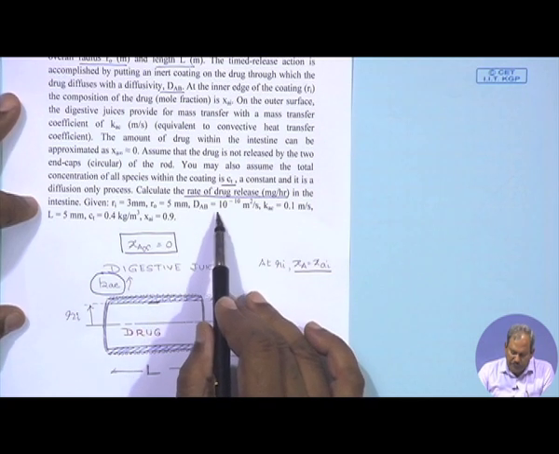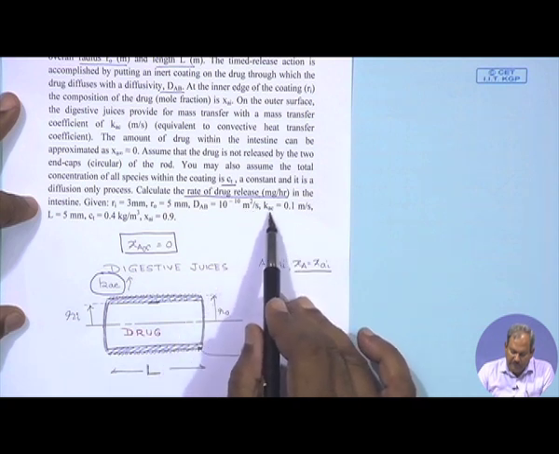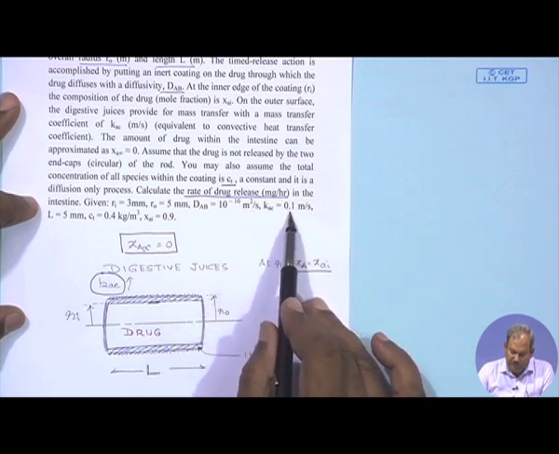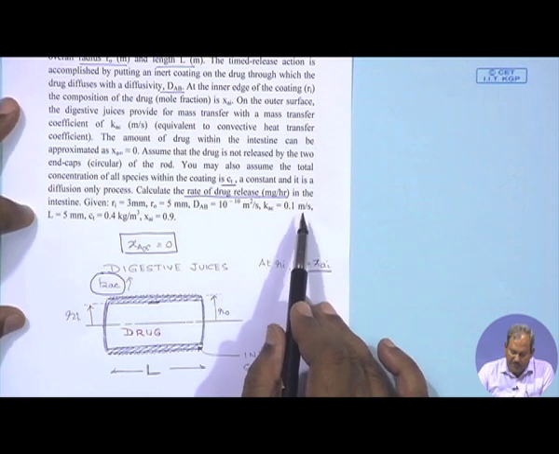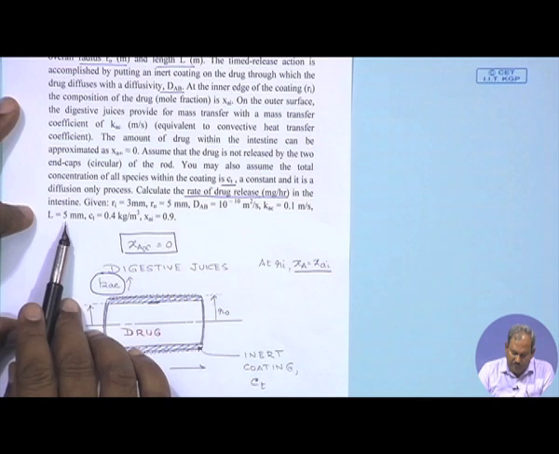The diffusion coefficient is 10 to the power minus 10 meter square per second. The convective mass transfer coefficient is provided as 0.1 meter per second. The entire length of the drug is 5 millimeter.